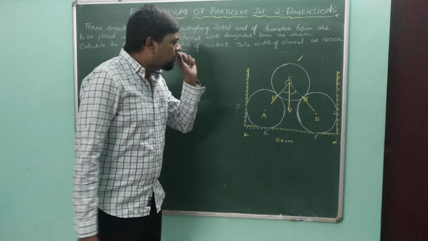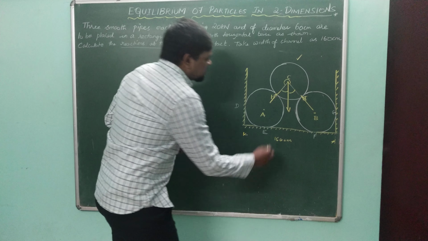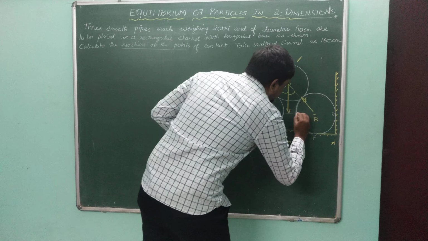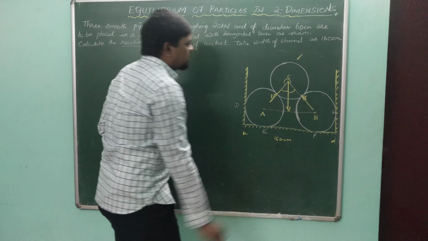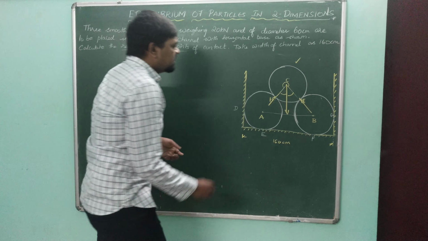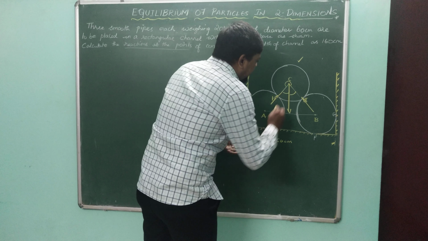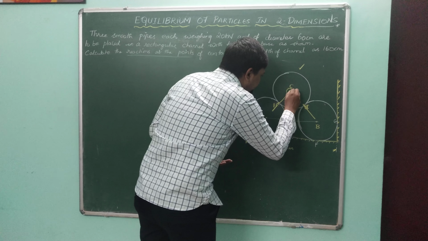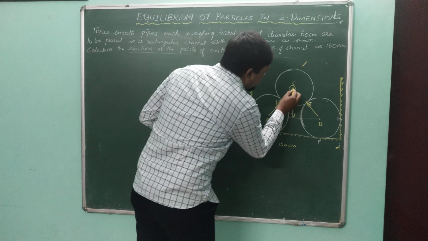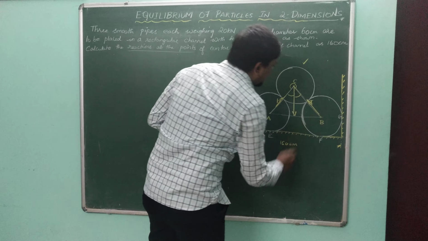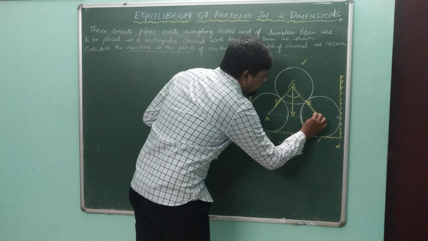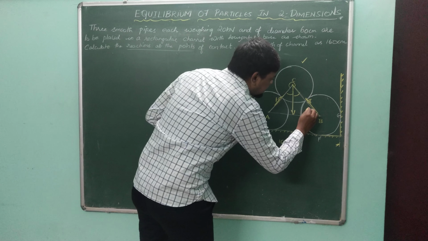So how to find the angle? Let me draw a triangle. This part is going to be a right angle triangle, and again this part is going to be a right angle triangle. Let me try to find this angle.